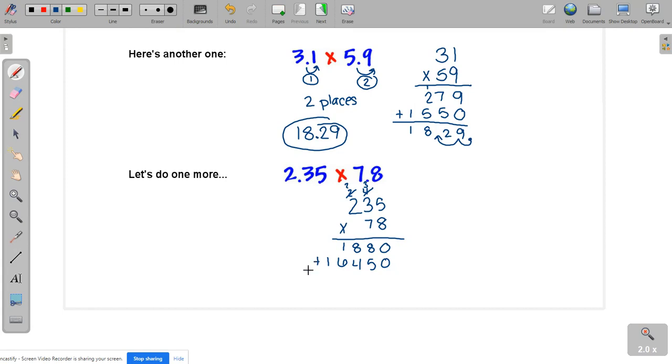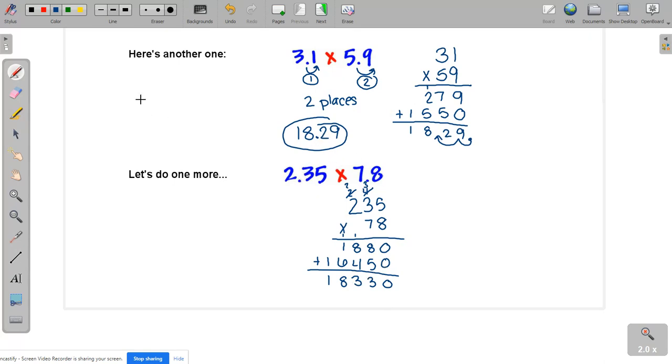Then we add straight down. Okay, and you should get 18,330.